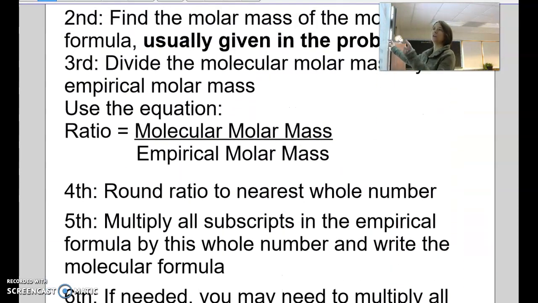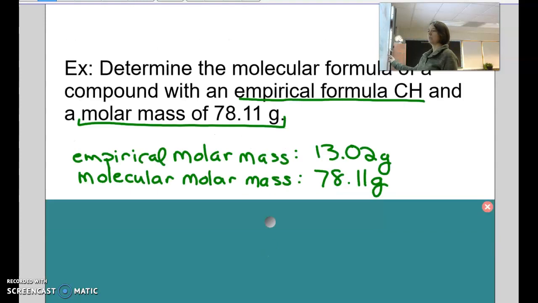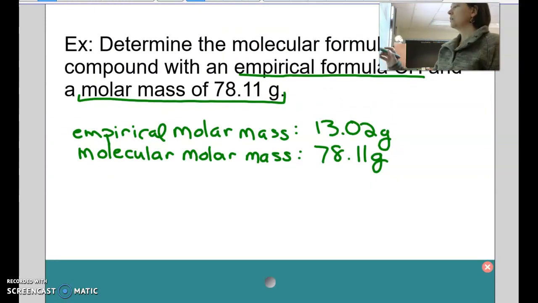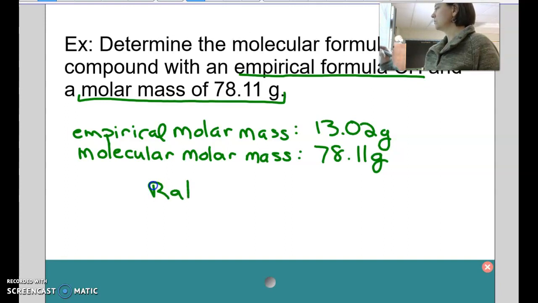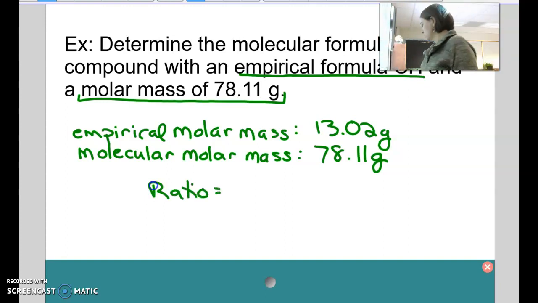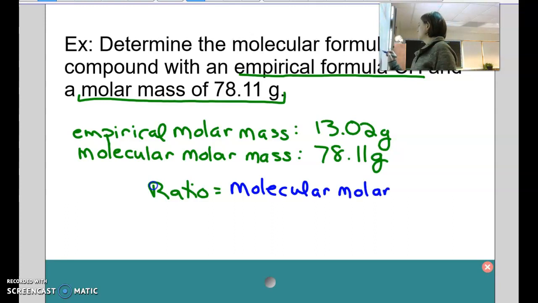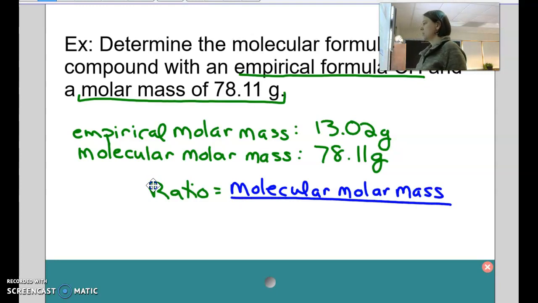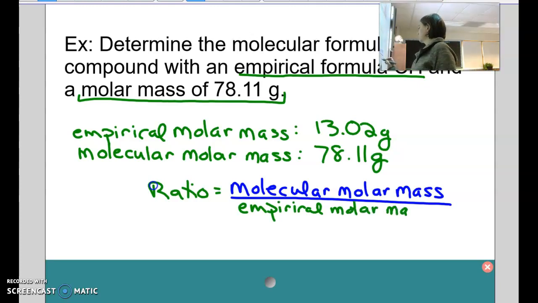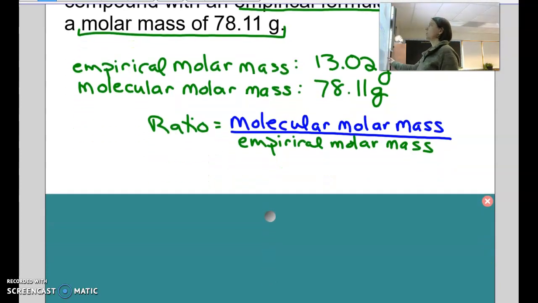Number 3, use this equation and sub in our numbers. Okay, so our ratio equals our molecular molar mass over our empirical molar mass, and then let's sub in our numbers.